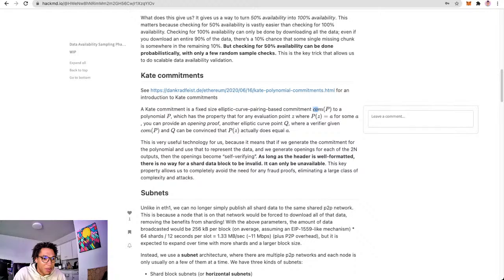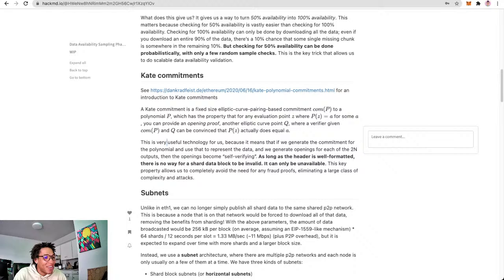So you have your commitment of P to a polynomial P. So you're committing to P, which has the property that for any evaluation point Z, the polynomial evaluated at Z equals A, for some A, you can provide an opening proof: another elliptic curve point Q, where a verifier given the commitment to the polynomial P and given the elliptic curve point Q can be convinced that the polynomial evaluated at Z actually does equal A. Oh my gosh. Math is hard. I love it though. I love it.